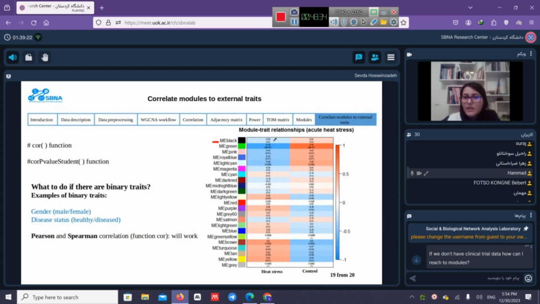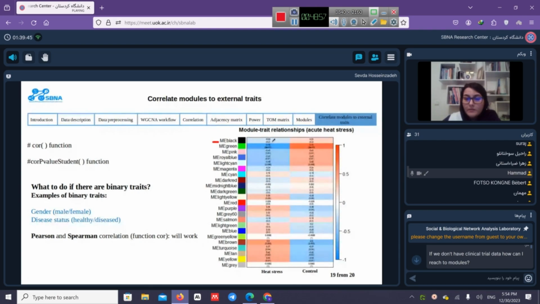We know that p-values less than 0.01 and 0.05 are significant for us. For example, in module black this is not significant because the p-value is equal to 0.2.